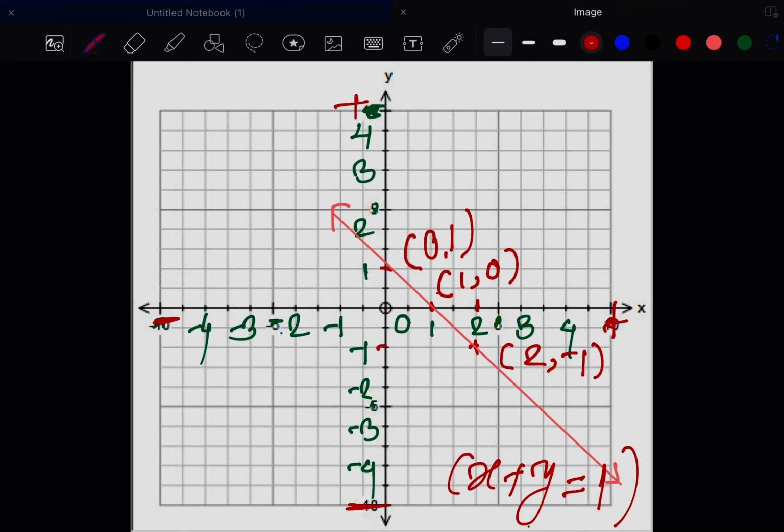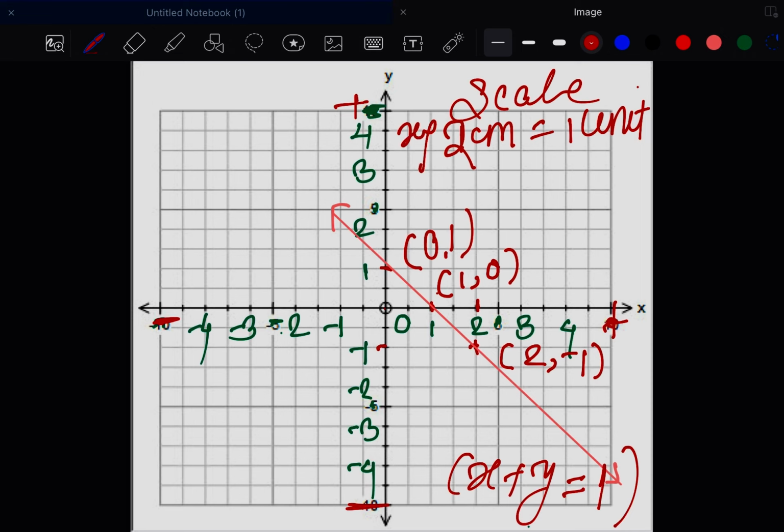So the first important thing, we have to write a scale. So the scale is 1 centimeter is equal to 0.5, or write it like 2 centimeters is equal to 1 unit. Okay? So for the x-axis also and for the y-axis also.